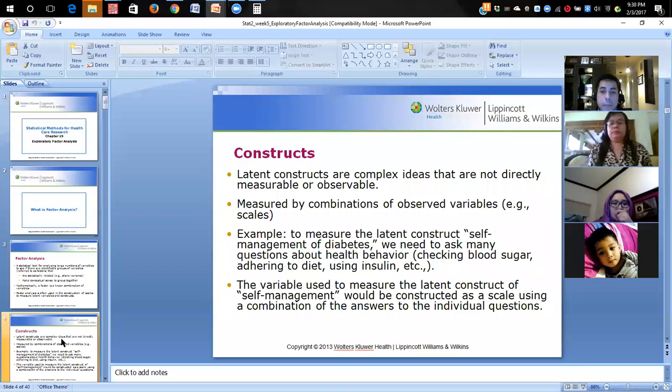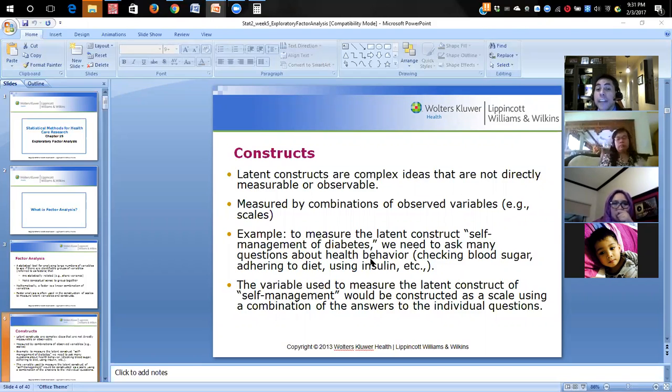So an example is to measure the latent construct of self-management of diabetes. You can really put a lot of things there, but then later on when you have your questionnaire and they group those items in your questionnaire together, it looks like, you know, the latent construct for self-management of diabetes is all about checking blood sugar, adhering to diet, and using insulin.